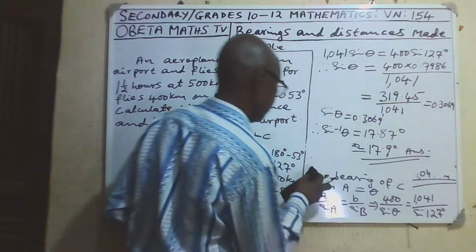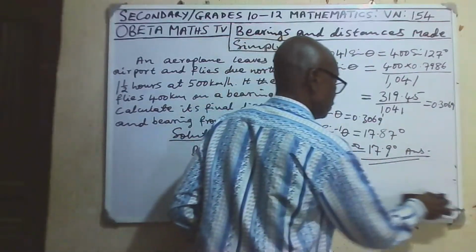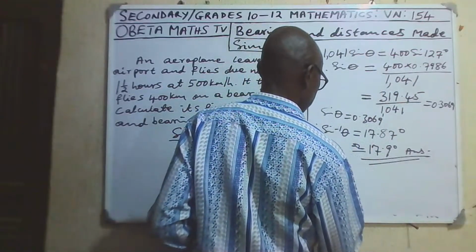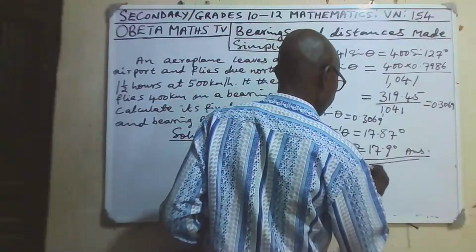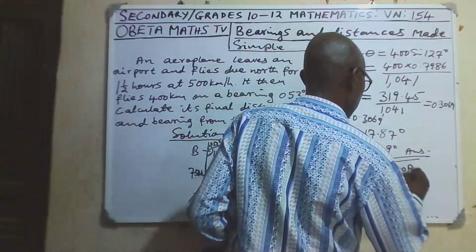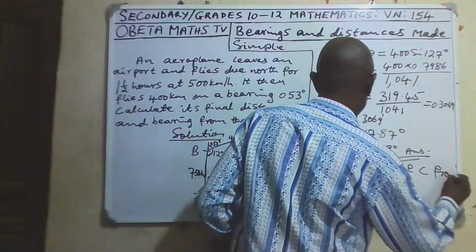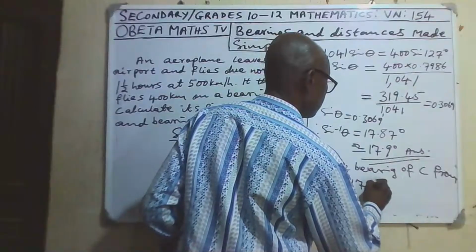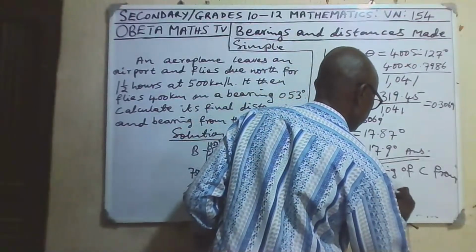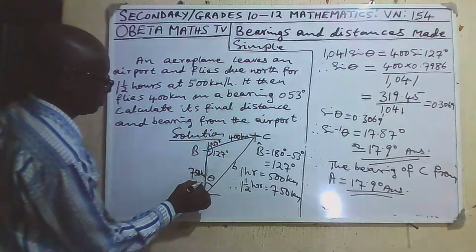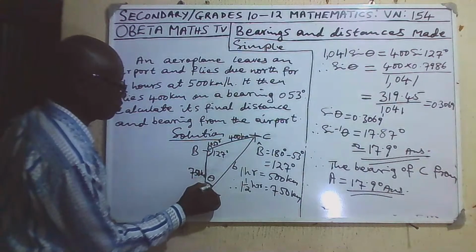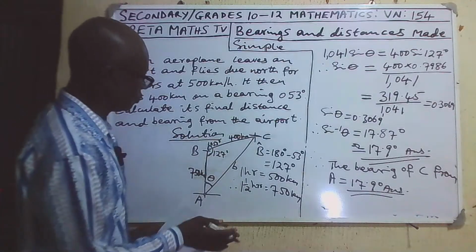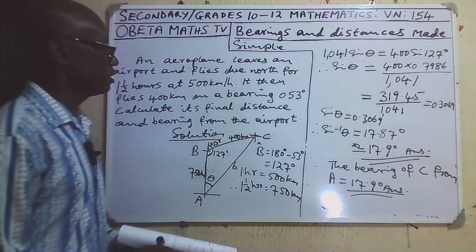And that is the bearing of the aeroplane from the airport. Therefore, the bearing of C from A is equal to 17.9 degrees. That is the value of theta, because it has to be clockwise. From the north, go towards your right, and that is that.